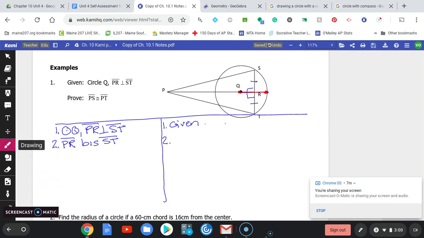Okay. So the reason is, if a radius is perpendicular to a chord, then it bisects the chord.